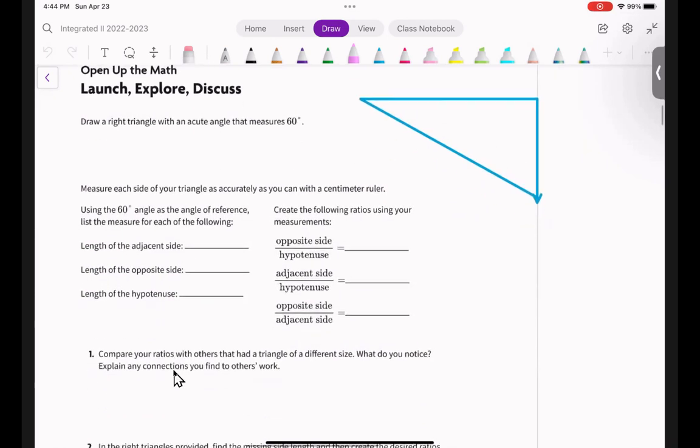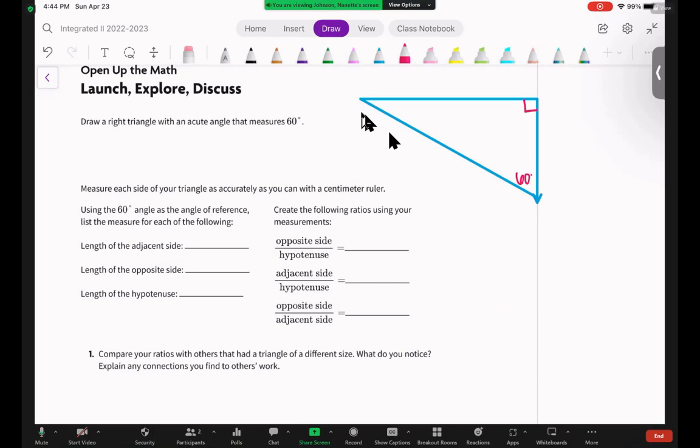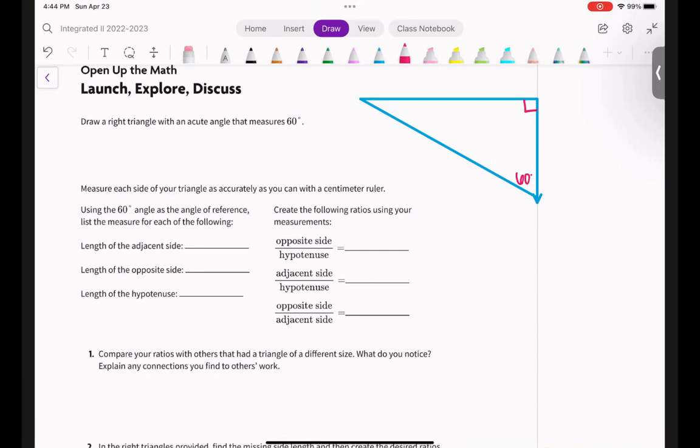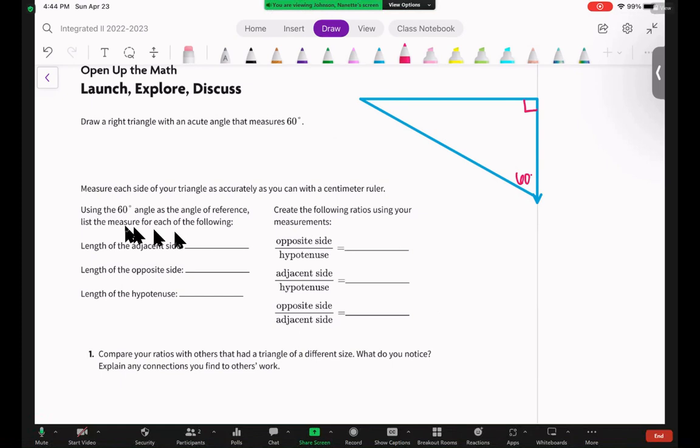I actually did measure this, and so this right here is 60 degrees, and this is my right angle here, and I did it specifically because I wanted it to be a pretty accurate representation of this. And then they say measure it, and you can do this on your own.